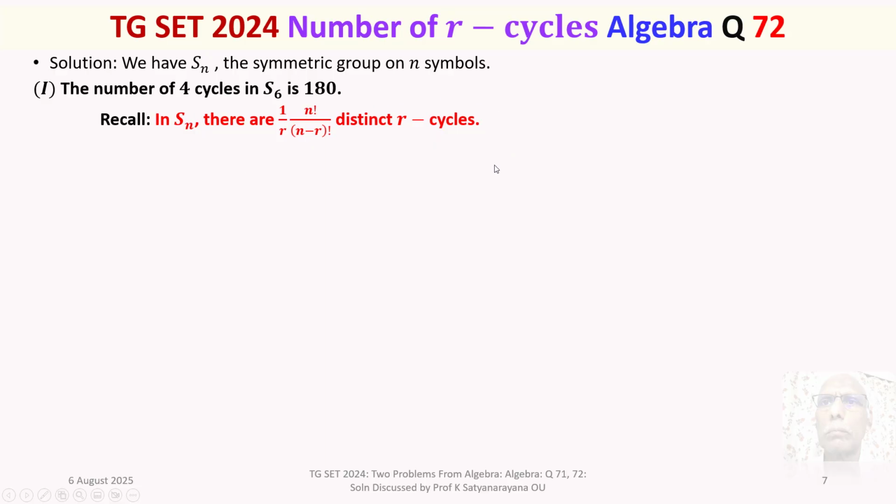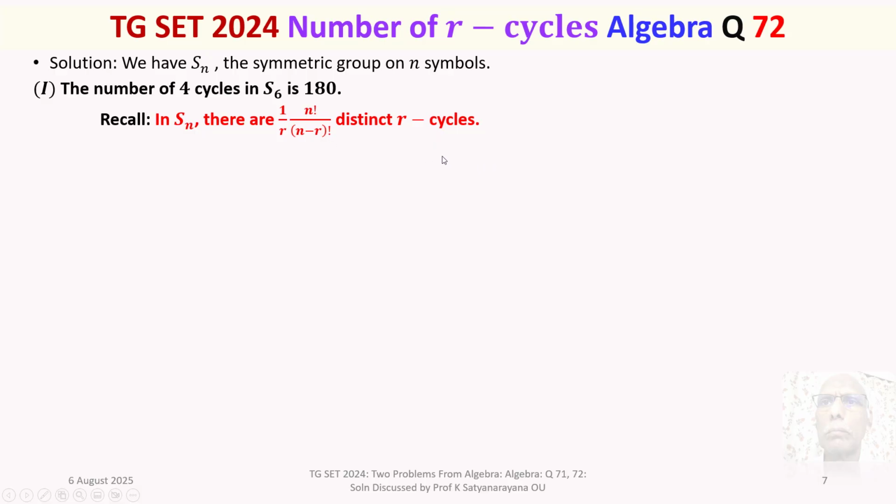The answer is (1 by r) into n factorial by (n minus r) factorial. This is 1 by r into nPr, the number of permutations of n taken r at a time. So many distinct r cycles are there.